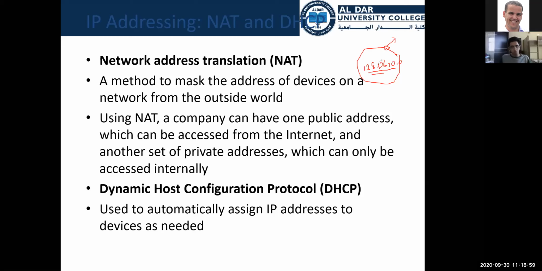There is a mapping between the internal local IPs and the external public IP, and this mapping is done using NAT. NAT is responsible for translating local IP to public IP and vice versa. For example, if a packet comes from the internet for a computer inside the company, NAT is responsible for delivering the data from outside to inside the company.